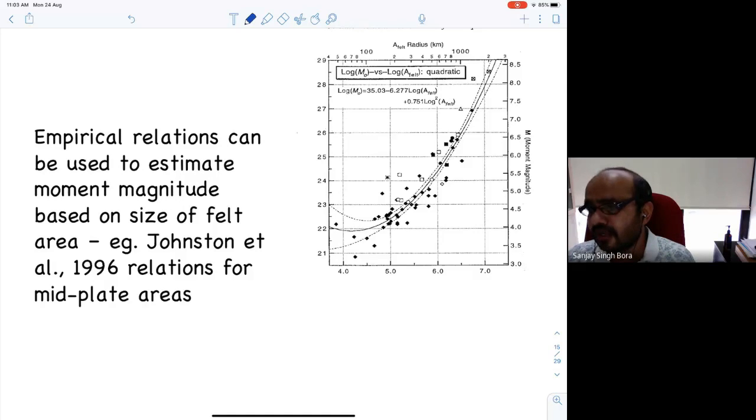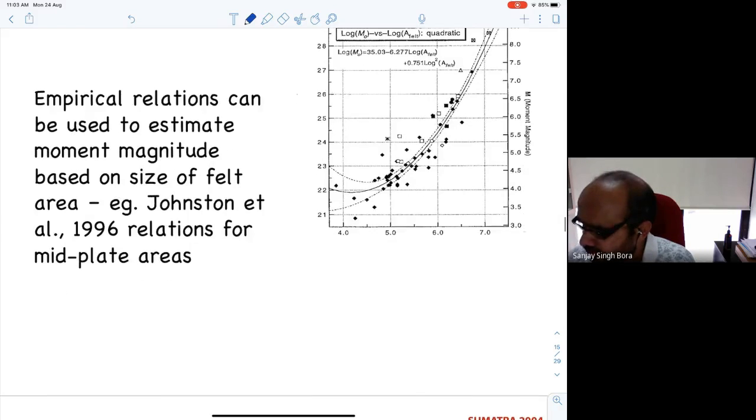People have done some studies, like they have tried to plot M0, earthquake moment magnitude essentially, against the fault dimensions. So there are empirical relations between earthquake magnitude and fault dimensions.